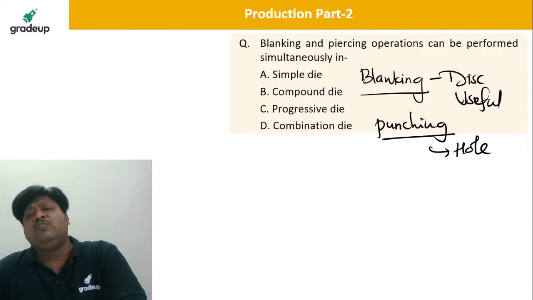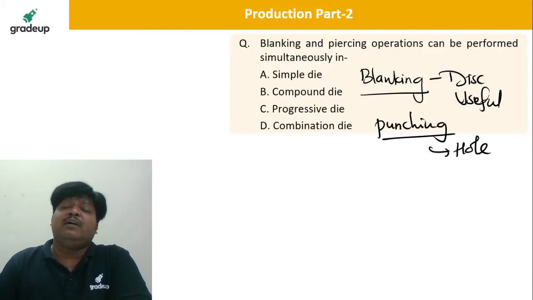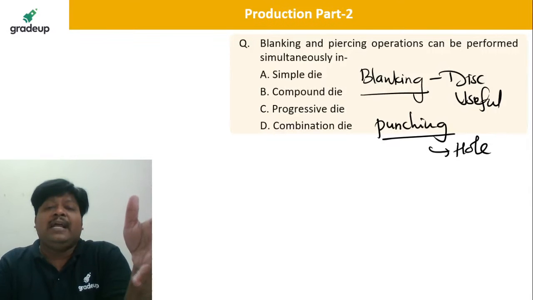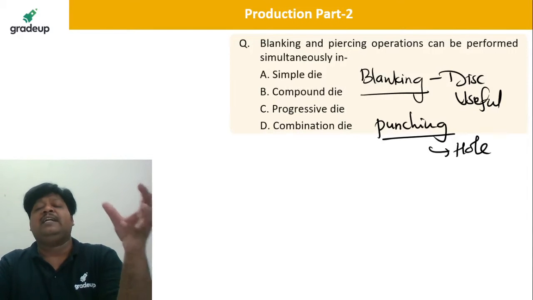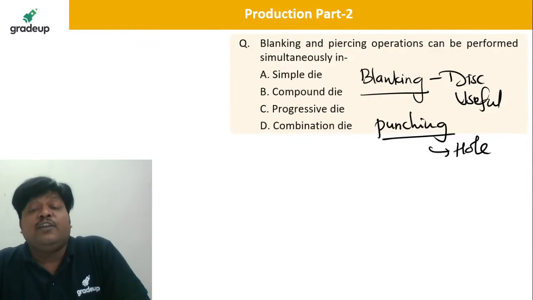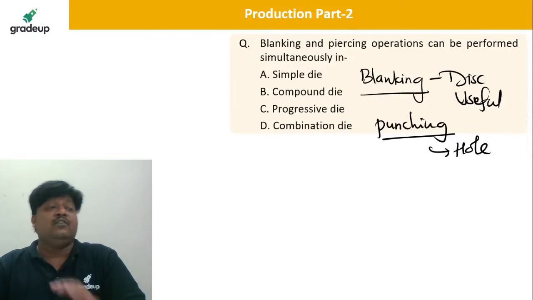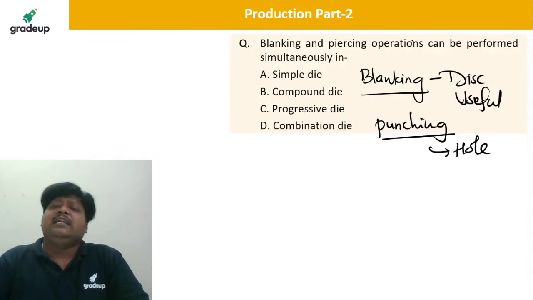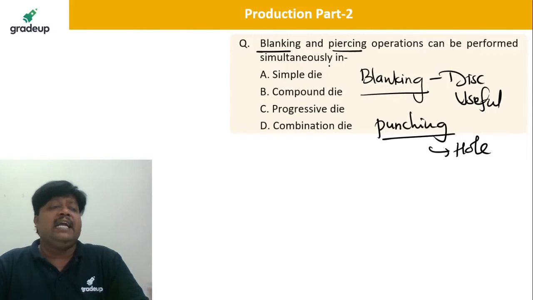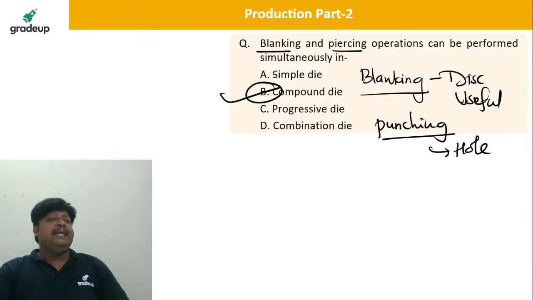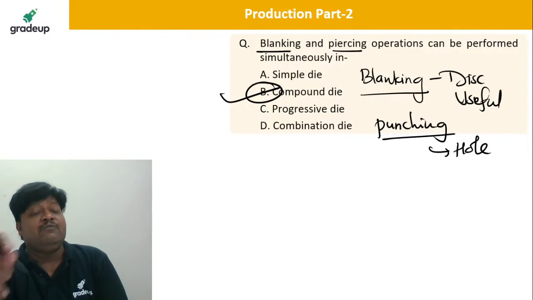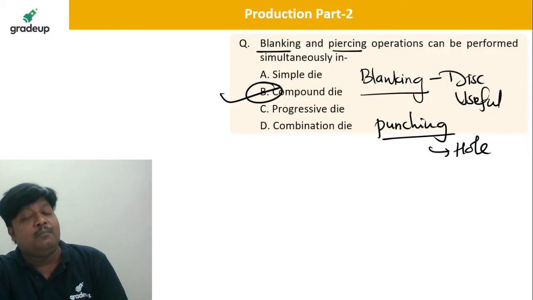In a combination die, you can have a cutting operation combined with a forming operation. Suppose you have the blanking operation, and the produced blank now goes to a deep drawing operation, the forming operation, a combination of operations. So very correct answer, punching and blanking can be performed simultaneously, dear student. It is a compound die, B. Combination means there is one cutting operation and one forming operation.